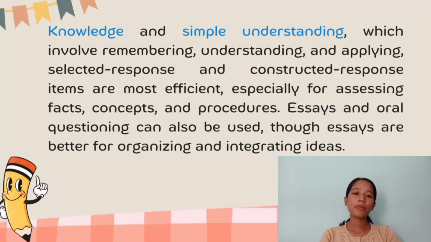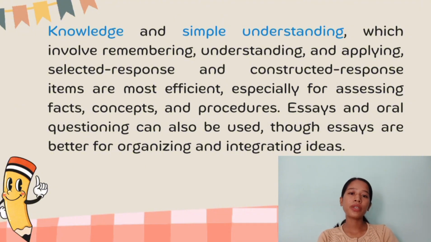So, knowledge and simple understanding refers to the ability of how the student grasps essential content and procedures, which fall under the lower order thinking skills in Bloom's revised taxonomy, specifically remembering, understanding, and applying. So, para ma-measure ang skills effectively, selected response formats like multiple choice and constructed response short answers are ideal because they cover a wide range of topics in a short time and are easy to check.